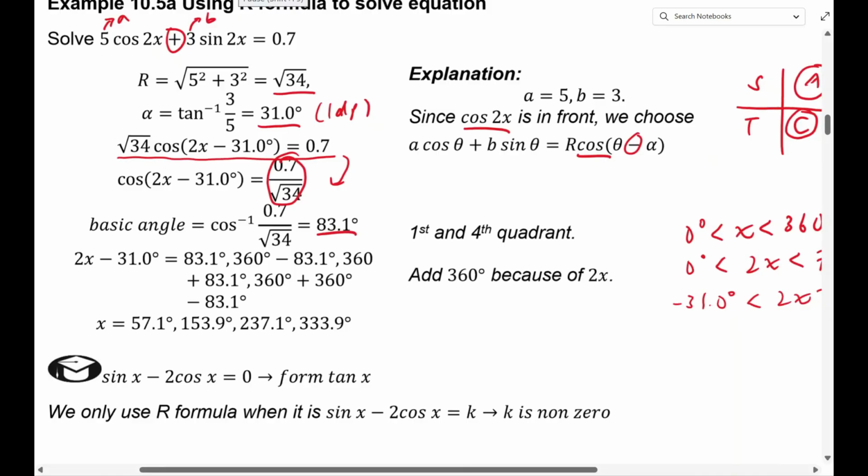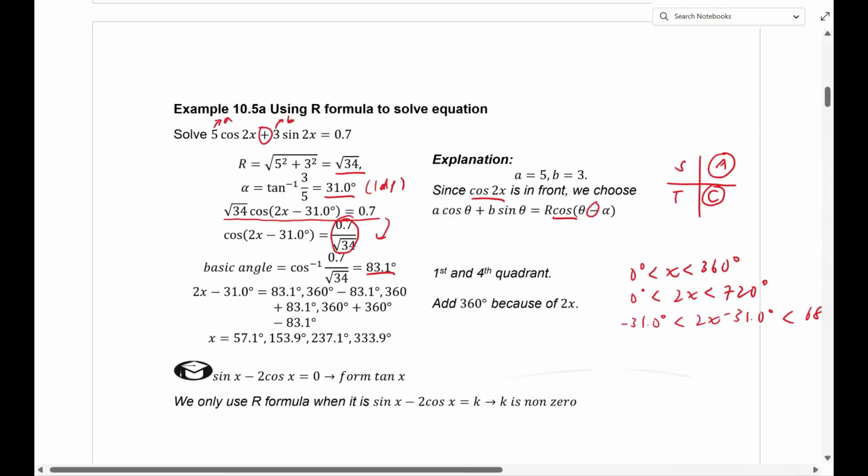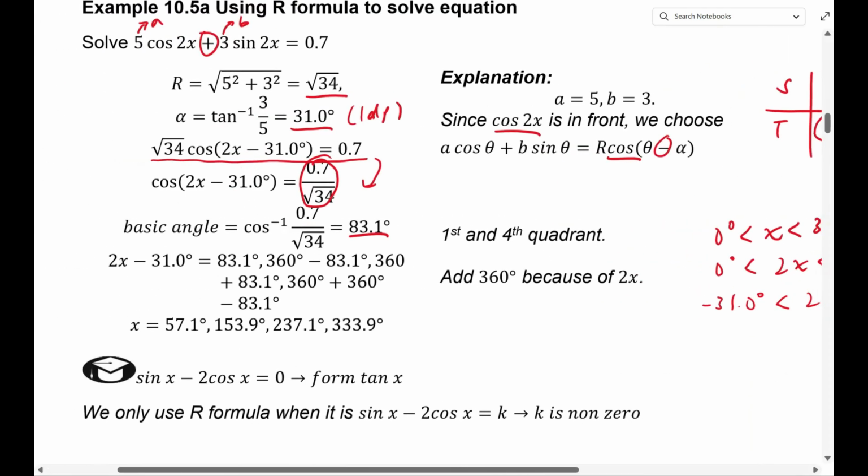Therefore, the possible values of 2x minus 31, which lie within the range that we found just now, will be firstly our 83.1 degrees, which is in our first quadrant, and then using this basic angle, we have to find the angle in the fourth quadrant, so 360 minus 83.1.